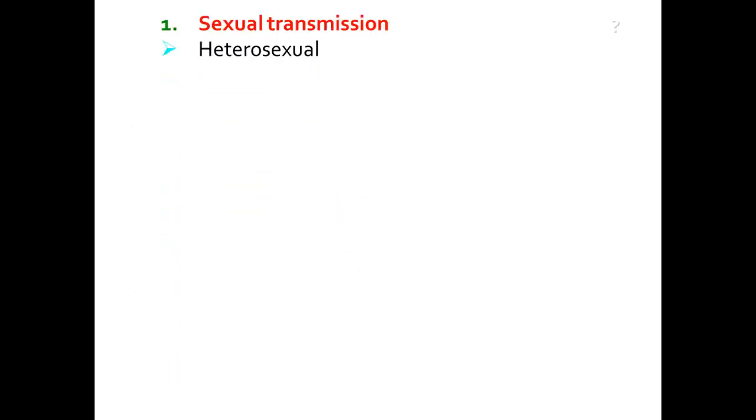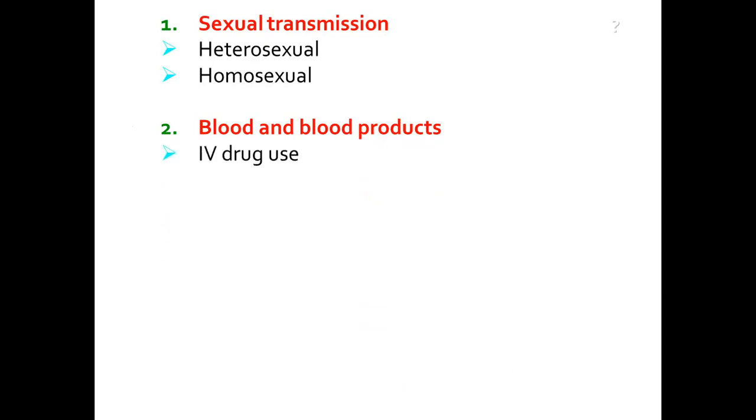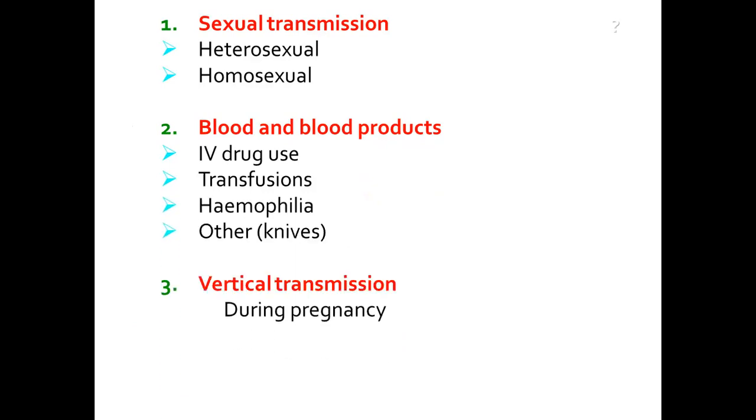Remember these under the heading of sexual causes, which include heterosexual and homosexual transmission. Then number two route of transmission is blood and blood products, which is common in IV drug users, in transfusion reactions, in hemophilia, and where other instruments are used.